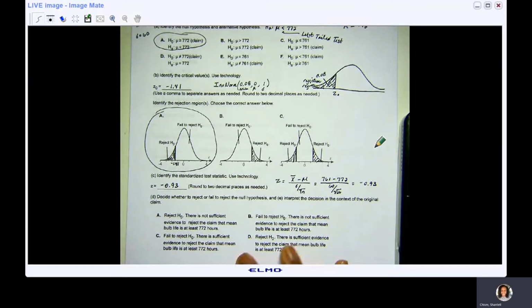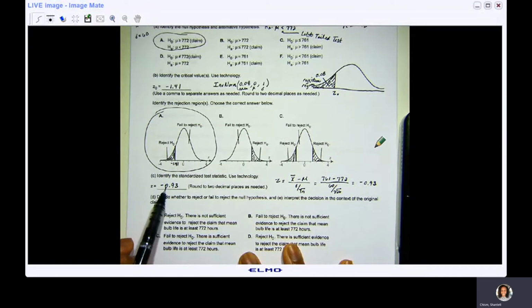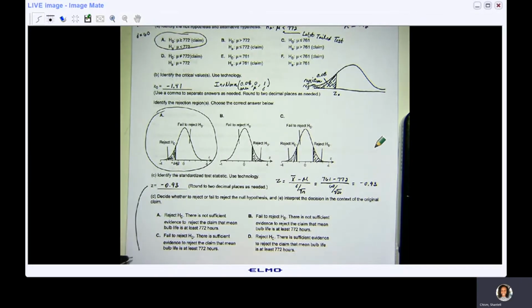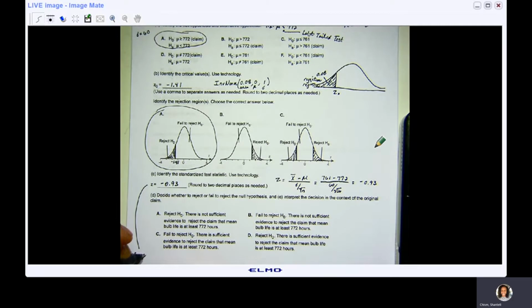So I want you to think about this now. Negative 0.93. I would rather be in debt just 93 cents than be in debt $1.41. So negative 0.93 is bigger. It's in this region. It's in the fail to reject region. So it's bigger than negative 1.41.